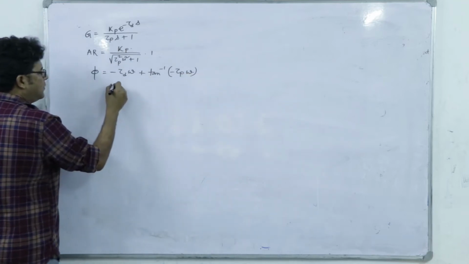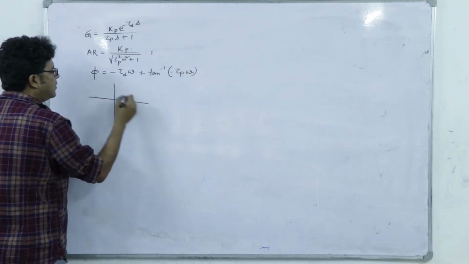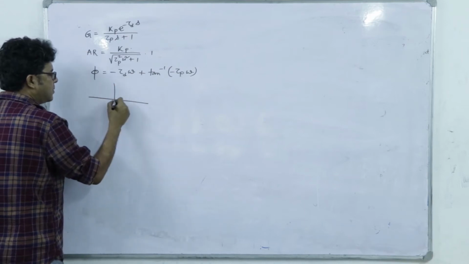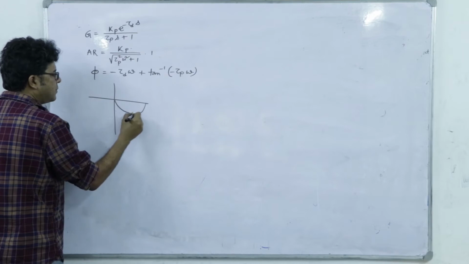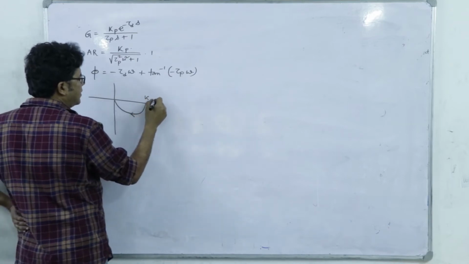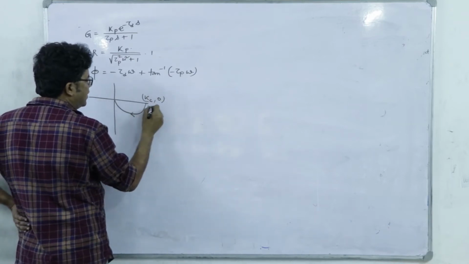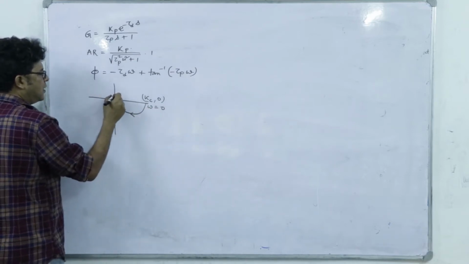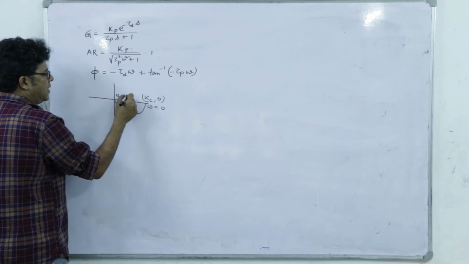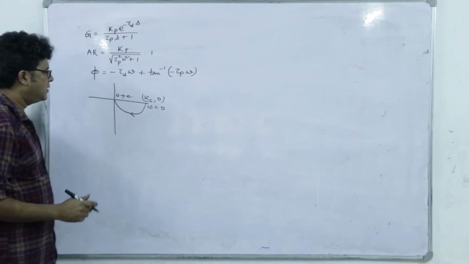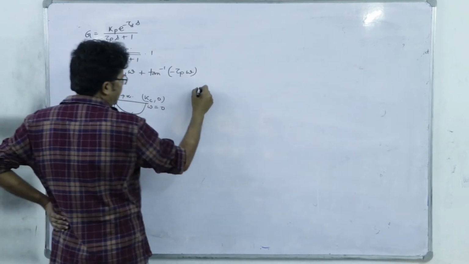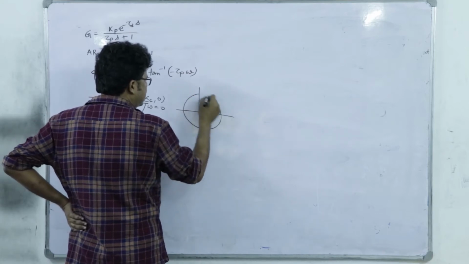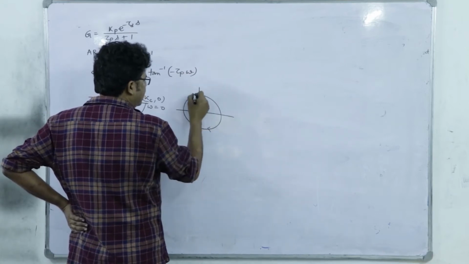Now you see what we are doing. This is for a first order system. It will start from Kp, 0 at omega equal to 0 and approach the origin as omega tends to infinity, from minus 90 degree. And for a dead time, the amplitude ratio is 1. So it is like this.